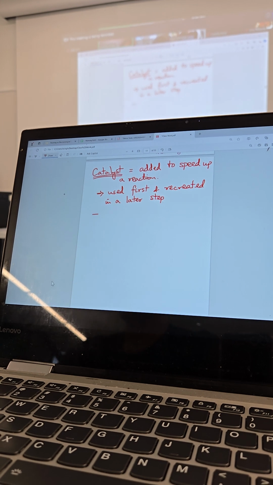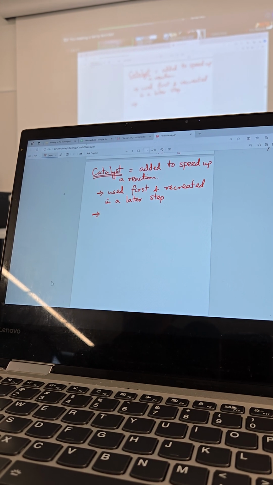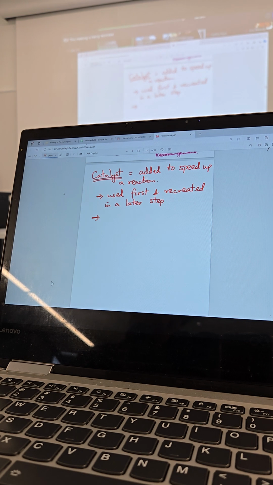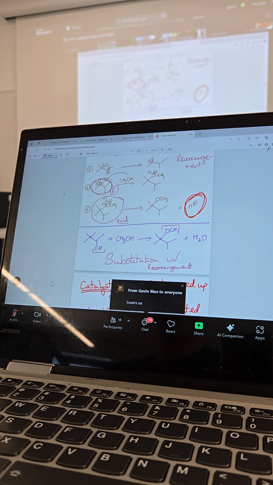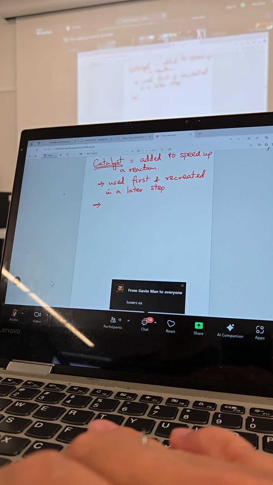Now, here's also the most important thing. How does a catalyst speed up the reaction? What does a catalyst do to make the whole reaction go faster? Anyone? What does a catalyst do? Actually not lower, and that's what I wanted to emphasize.